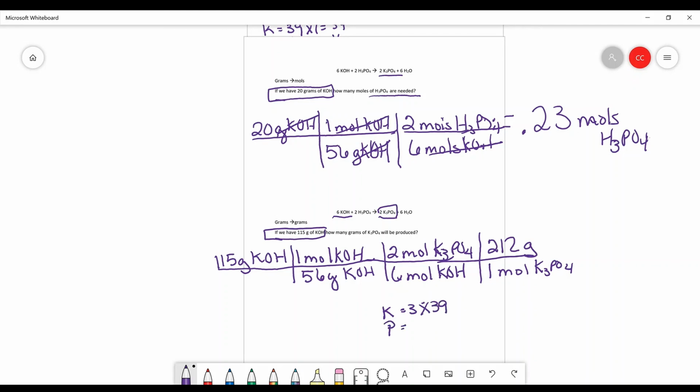Phosphorus, there's 1 at 31. And oxygen, there's 4 at 16, which is 64. 117, 31, 64 is 212.